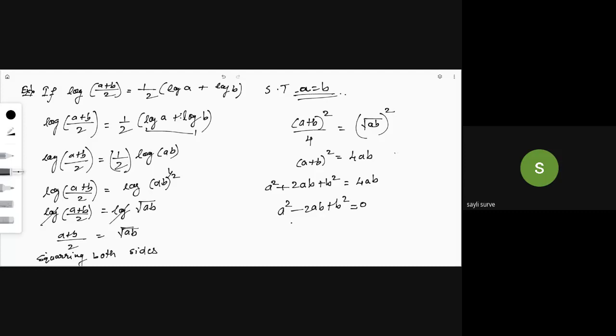So that is a minus b whole square equal to 0, which means that a minus b is equal to 0. So a minus b is 0, it means that a has to be equal to b. Fine.